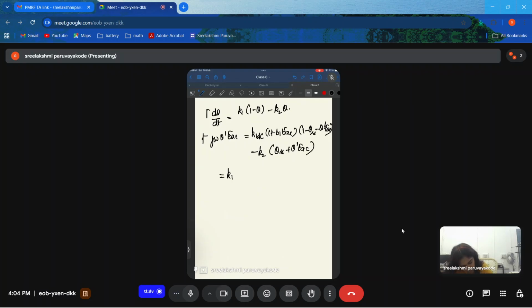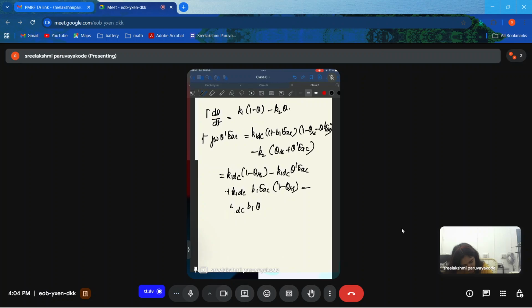Open the bracket: k1 dc (1 − θss) minus k1 dc θ' e^{AC} plus k1 dc b1 e^{AC} (1 − θss) minus k1 dc b1 θ' e^{AC squared}, and from the first one, k2 θss minus k2 θ' e^{AC}.